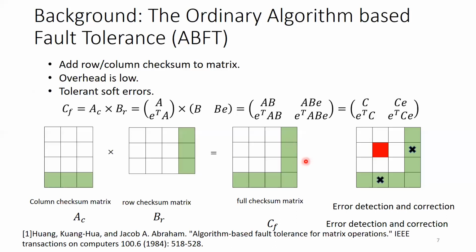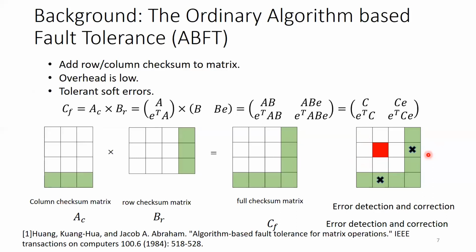The ordinary ABFT can detect and correct one error of a full checksum matrix. The red block indicates the error element. We compare the sum of elements in each row and each column to the corresponding row checksum and column checksum.